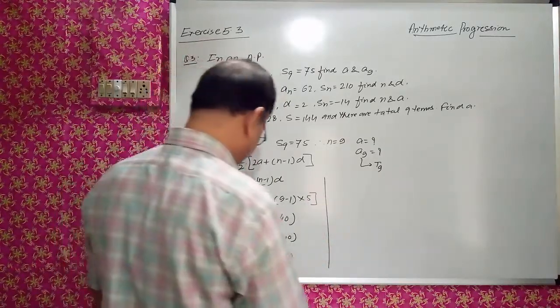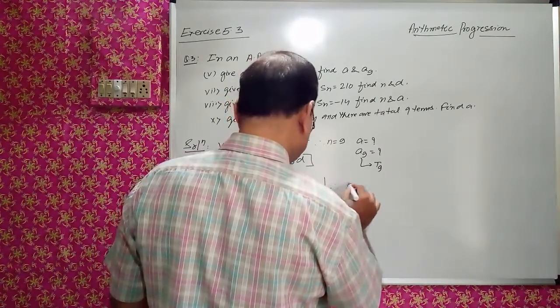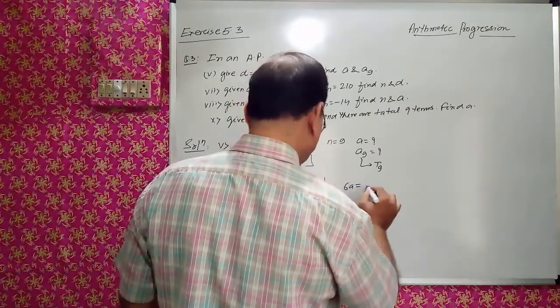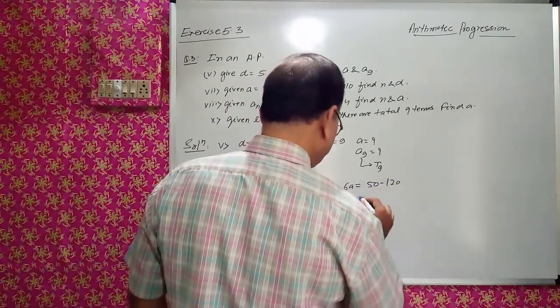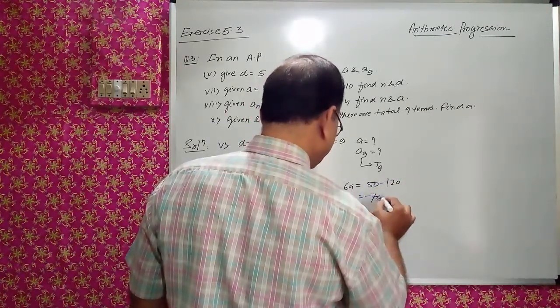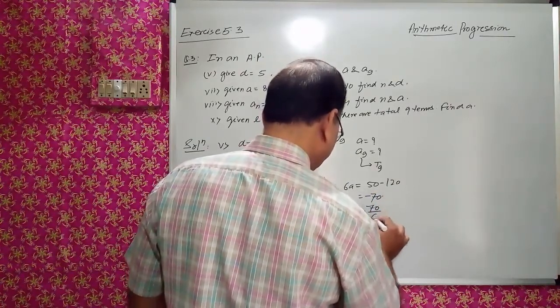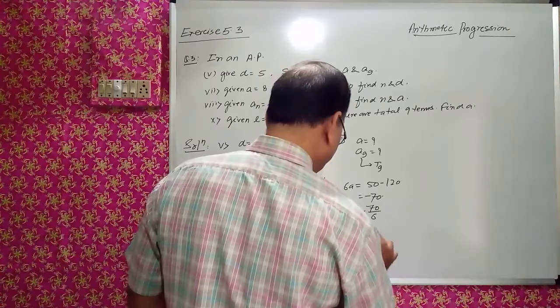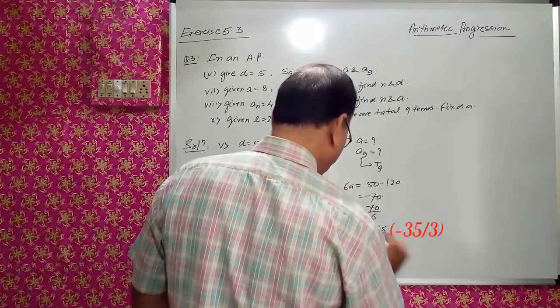So we can get the information from here. Therefore 6a is equal to 50 minus 120, that is equal to minus 70. Therefore a is equal to minus 70 by 6. Therefore a is equal to minus 35 by 3.